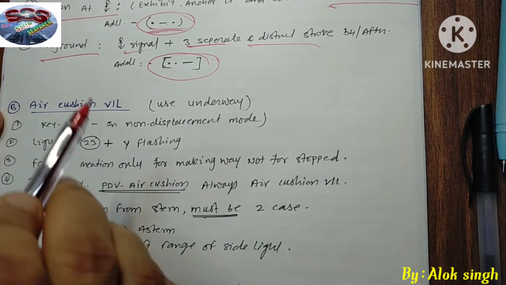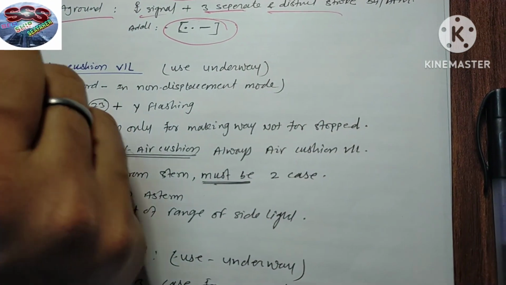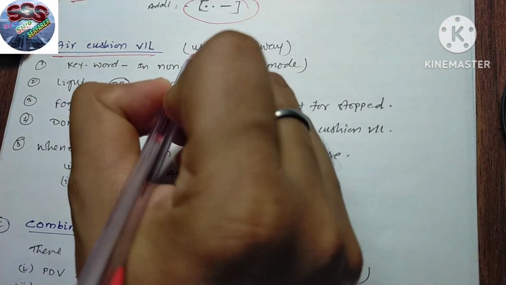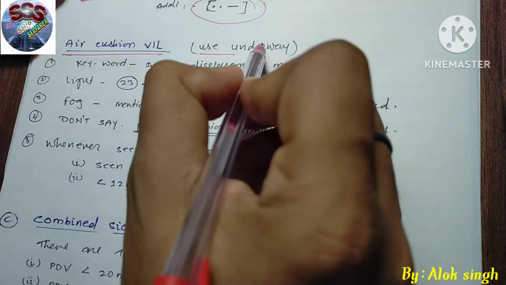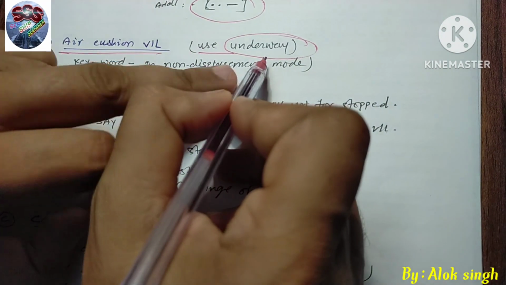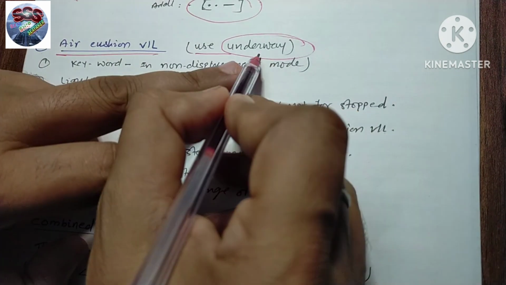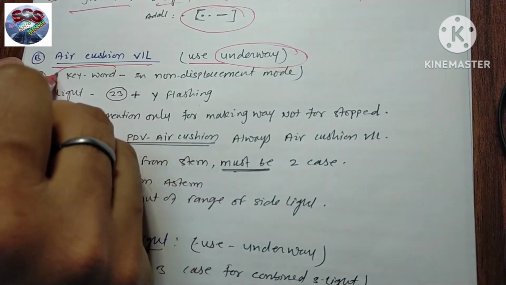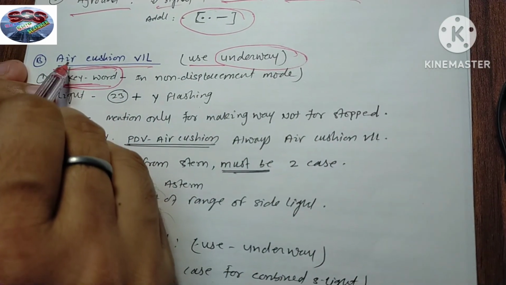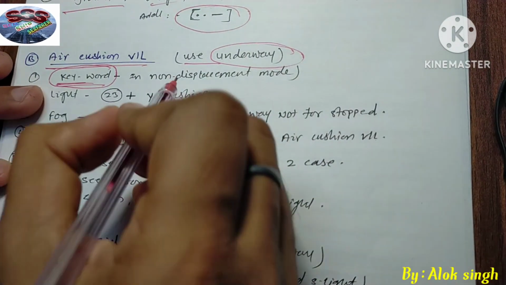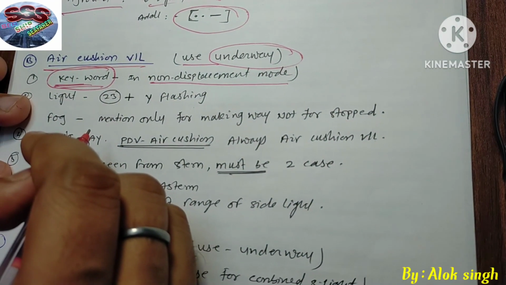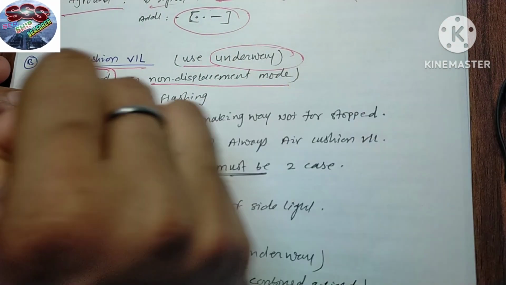Now the second one, in rule number 23 itself, the air cushion vessel. There are a few things I want to highlight. Here also we use the word underway because it comes under rule number 23, and wherever there is a power-driven vessel, we must say underway. So it is a power-driven vessel, so it will be underway. The thing we have to mention here is this keyword: whenever you have to say air cushion vessel, do not forget to say non-displacement mode. Especially Nitin Mukesh, he used to ask about this vessel card.